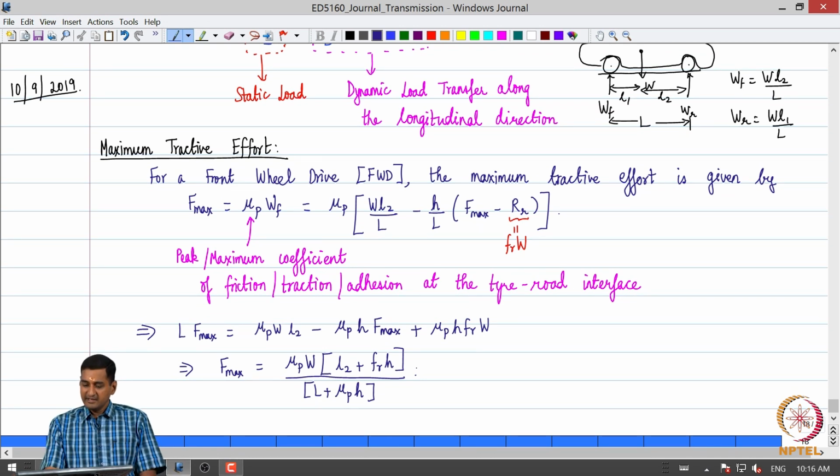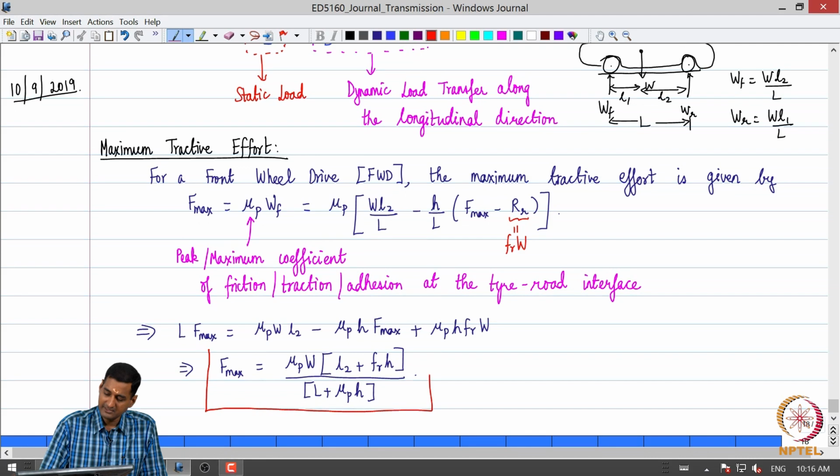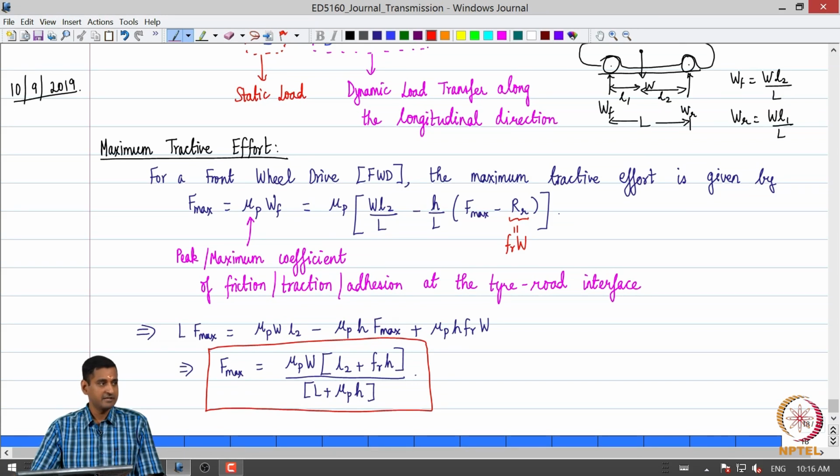So this is what we get for the maximum traction that is available for a front wheel drive. This is the expression for F max for a front wheel drive.